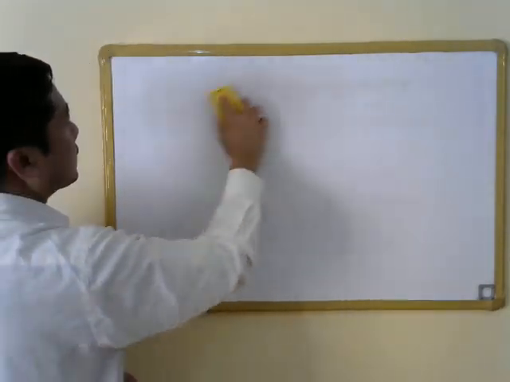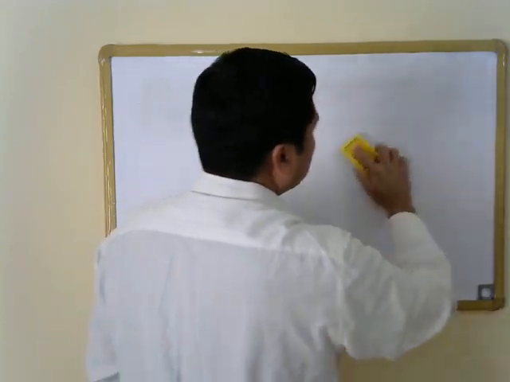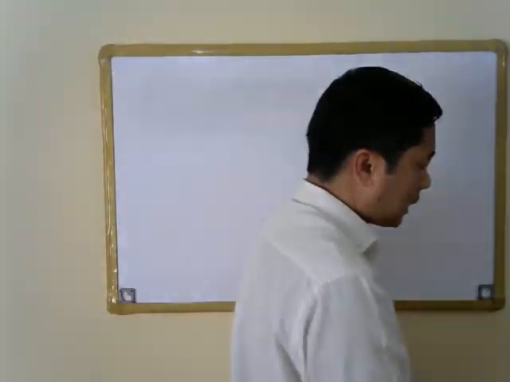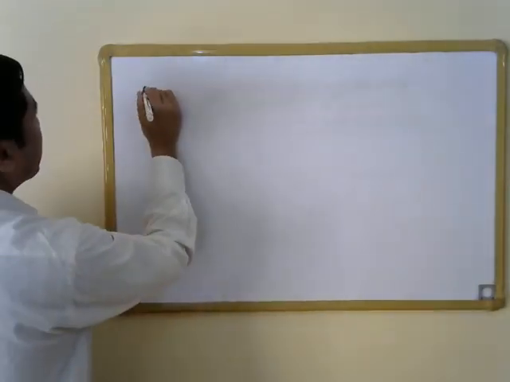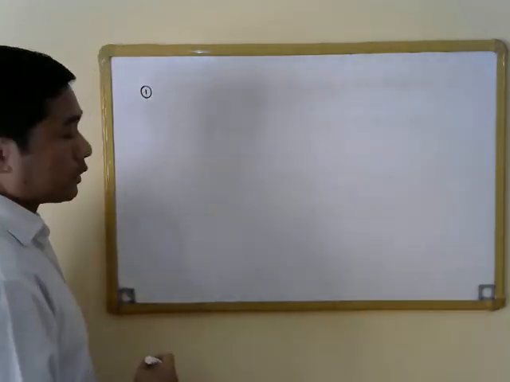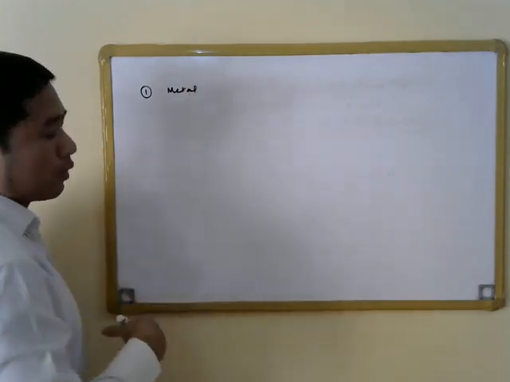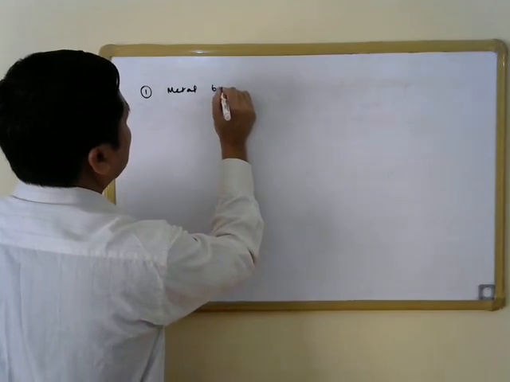So let us classify these compounds of boron so that we can discuss the chemistry of all of these classes separately. The first category of compound formed by boron is with metals. We call such compounds formed by boron with metals metal borides.